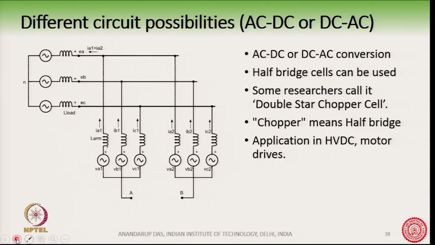Now, the first one which we will see is the same MMC, but now I have drawn it in a slightly different fashion. Why have I drawn it like this? We will understand a little bit later, but you can see the same converter, I am now redrawing it in a slightly different fashion.